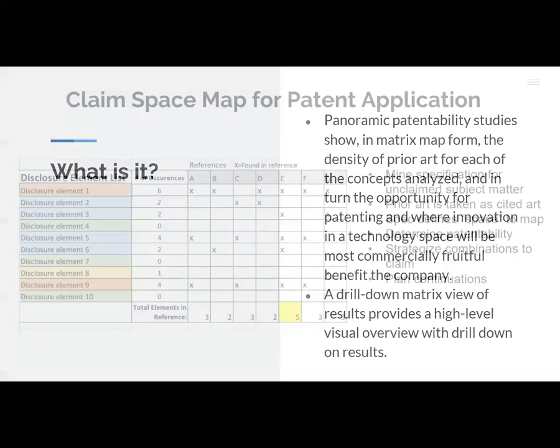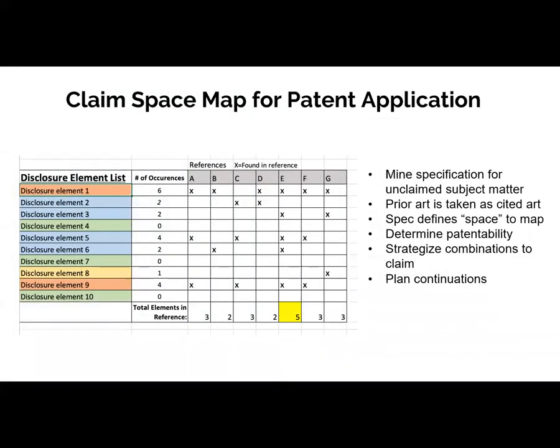So on this next slide, here's an example. What we're looking at here is a matrix, a table. Across the top, so your columns, A, B, C, D, E, F, G, these are references, prior art, patents.